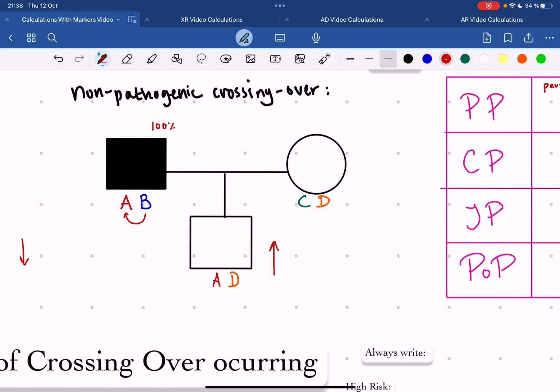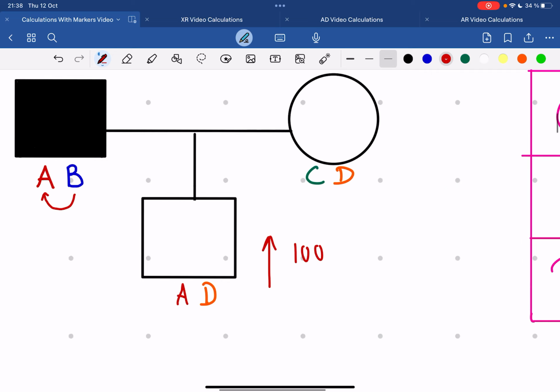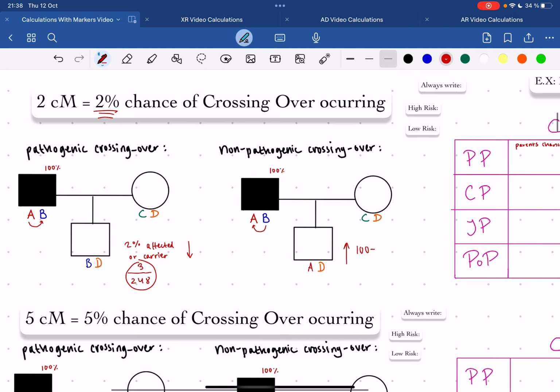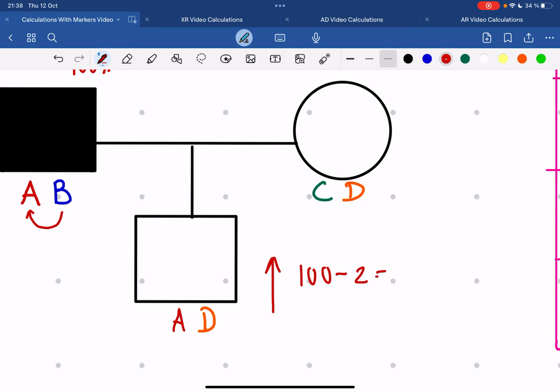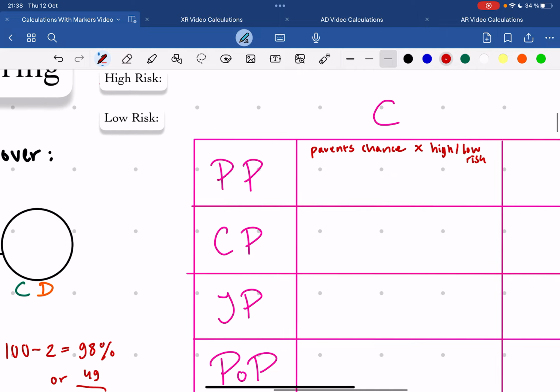However, we still need to take into account that the crossing over could still occur. So even though we should assume that it's 100%, crossing over could still occur, meaning we have to take 100 minus the chance for crossing over, which would be 100 minus 2, and that is equal to 98%, or 49 over 50. So we can write that down here.